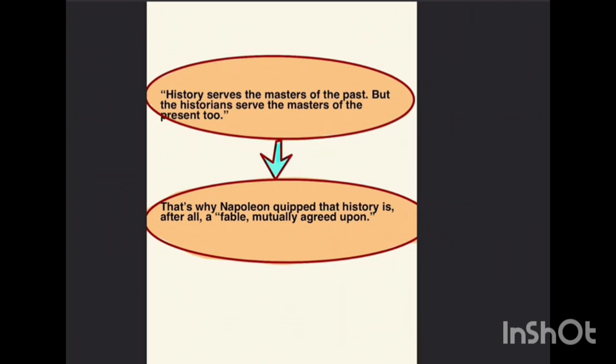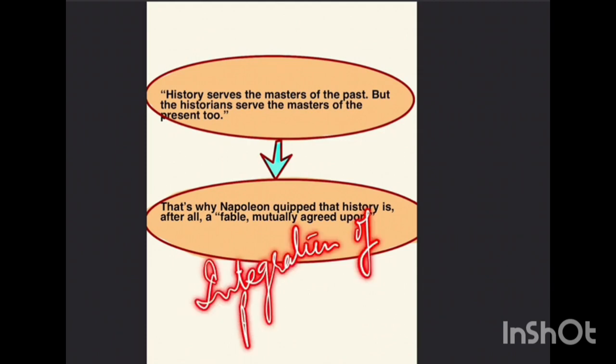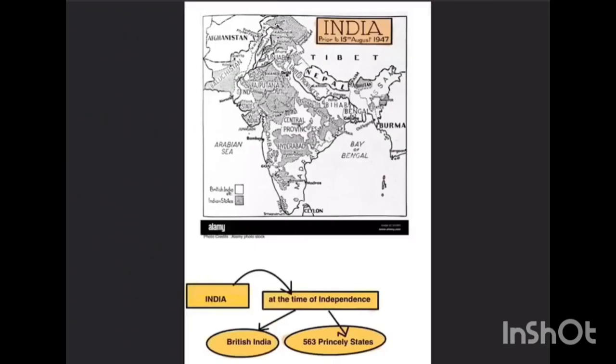Today we will try to understand some of these fables and facts, and present a more nuanced understanding of the integration of different princely states into the Union of India.